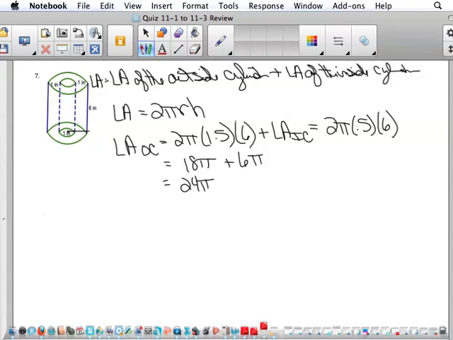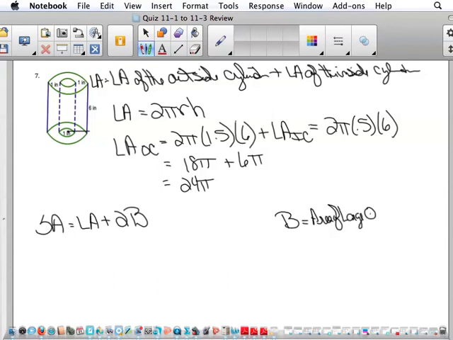Now remember, my total surface area is the lateral area plus 2 times the area of a base. So the area of a base in this case is the area of the large circle minus the area of the small circle.